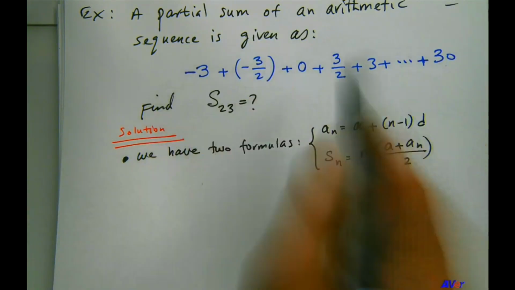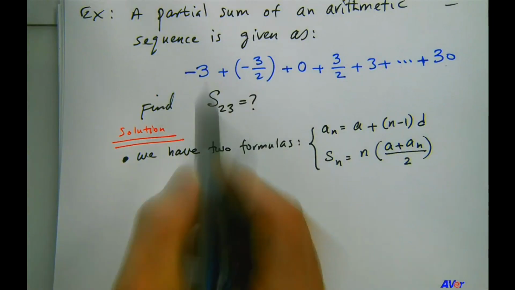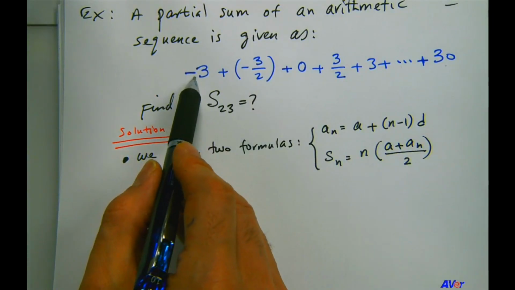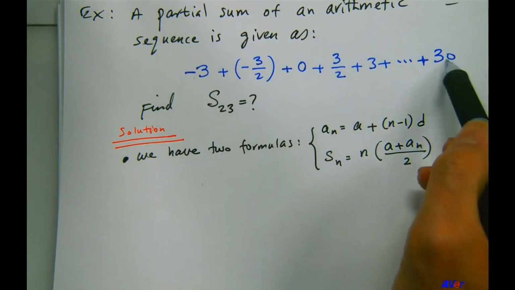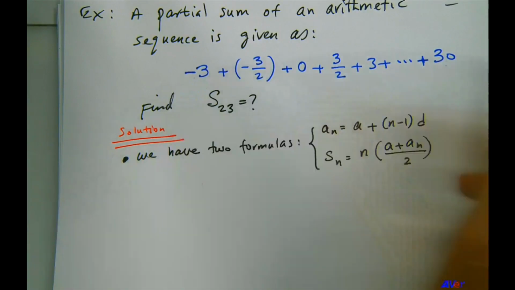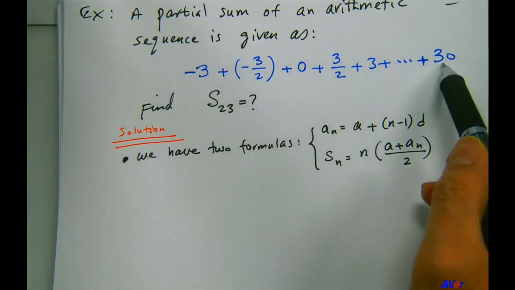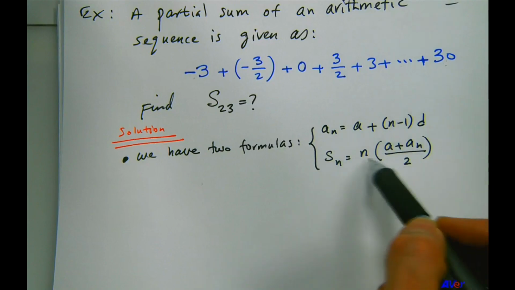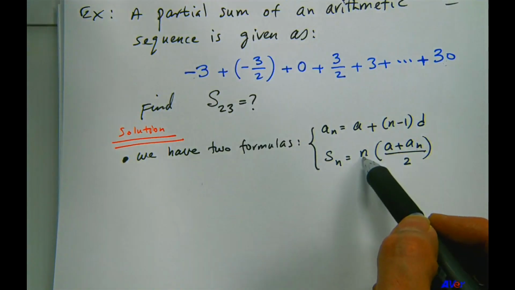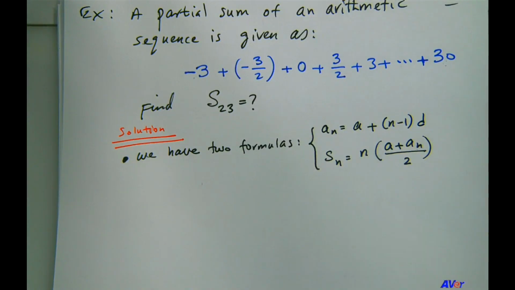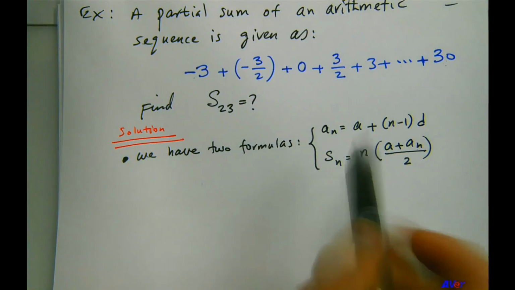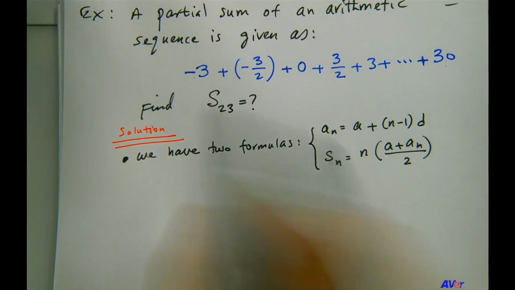The first digit in the chunk of numbers that we're adding? Yes, we do. That's -3. Do we know an, or the last digit in the sequence of numbers we're adding? We do. That's 30. And do we know how many numbers we are adding?